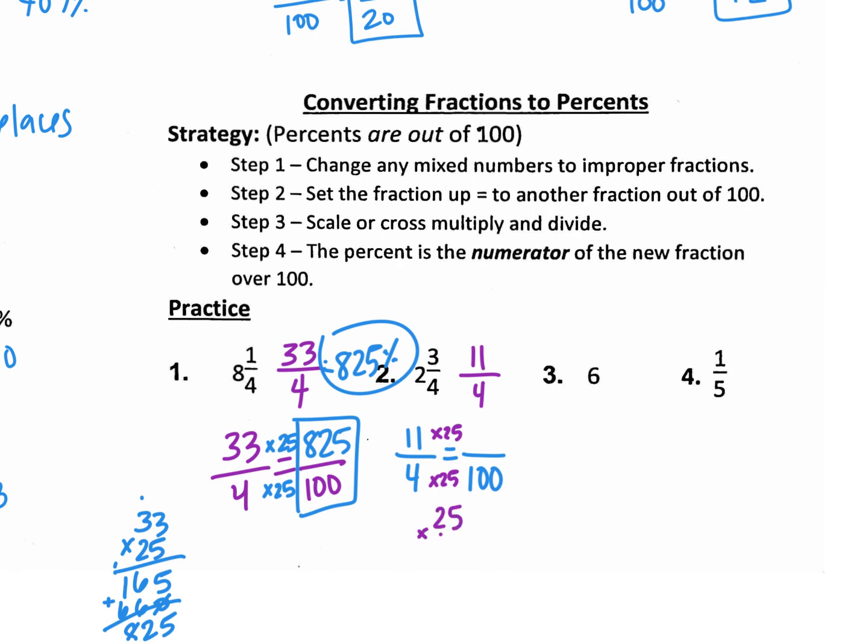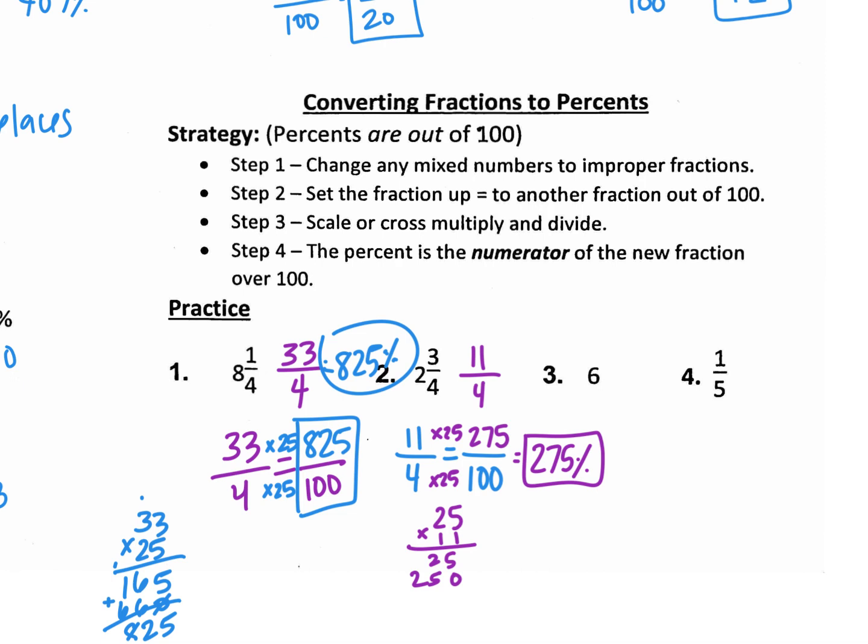So 25 times 11 is 275. So what is my percentage? Correct. I know an easier way to do it. So look at the 2 and then 3/4 is 75. All right.